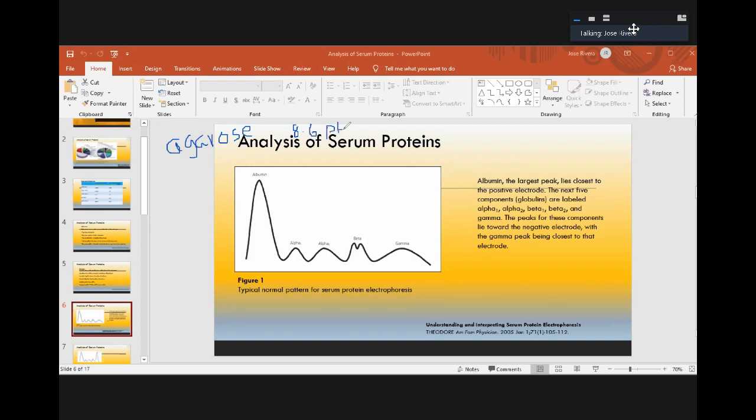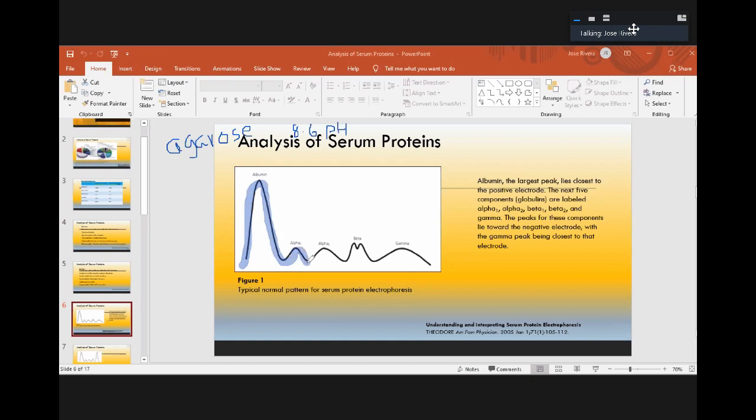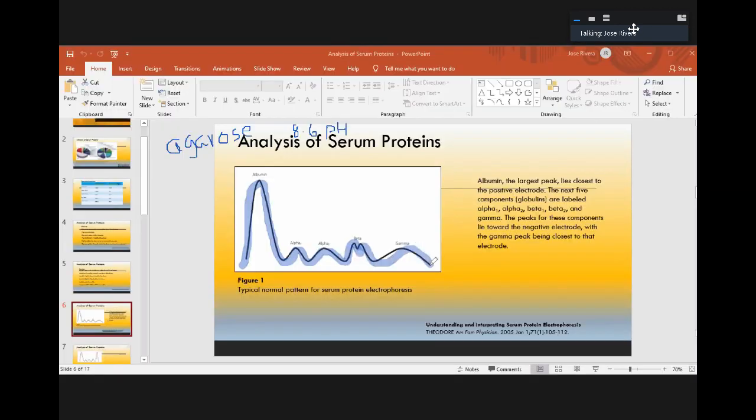So pH of 8.6. And what you get is a pattern like this, and this is the relative amounts. It also tells you which ones come first on the gel. Albumin is the one that comes here at the bottom, moving to this side, and then the gamma is going to be over here.